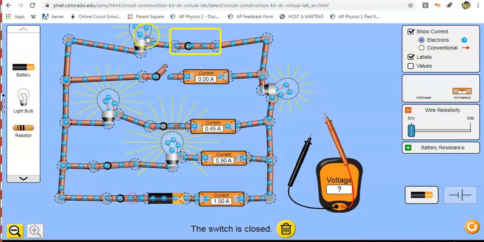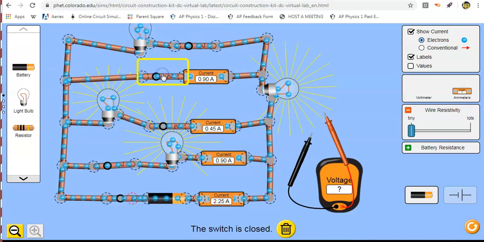So these two resistors right now, with this switch open, these resistors there and there are in series, because whatever current flows through this light bulb has to go through this light bulb to get around to the positive side of the battery. So right now these two resistors are in series. Their currents would be the same. I'm not going to break this and show you the current, but these currents are the same.